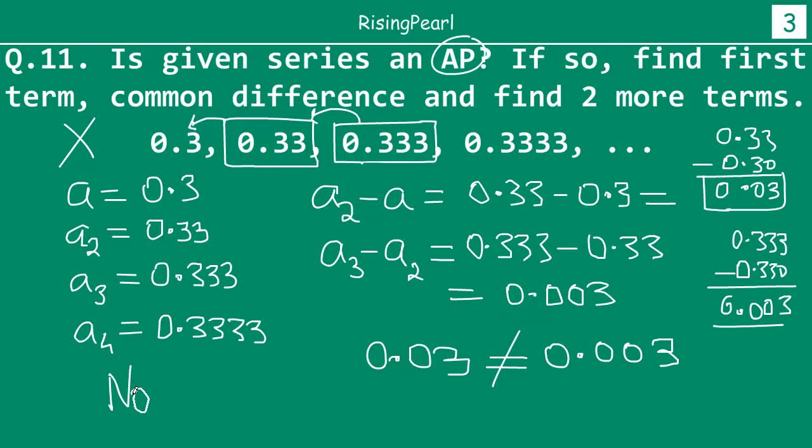So this series is not an AP. At this point we don't even need to do A4 minus A3, because we have already found out that these two are not matching up. The common differences are not the same, and hence we conclude this is not an AP.